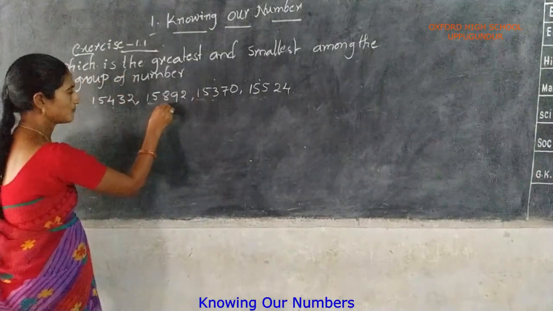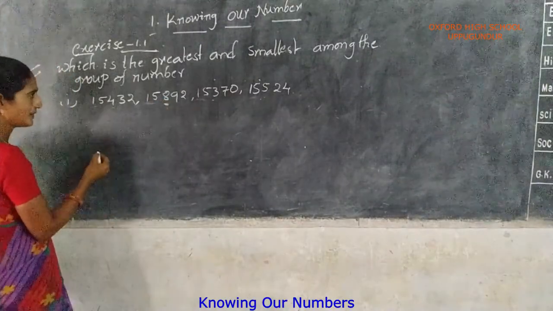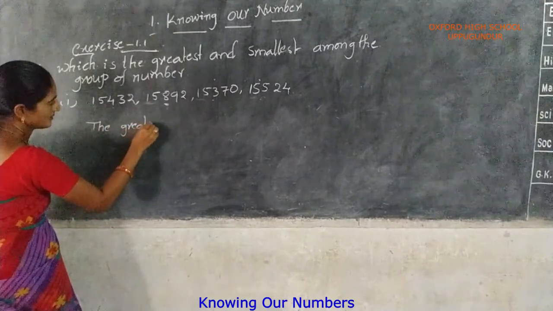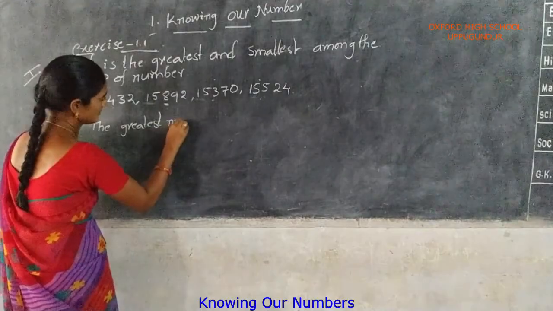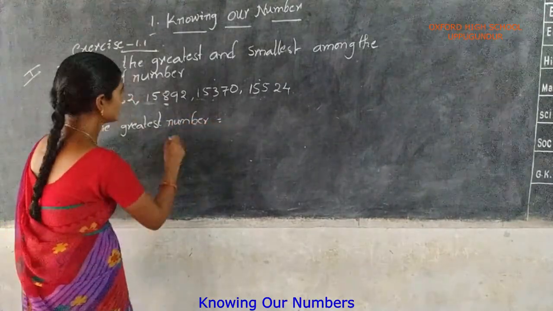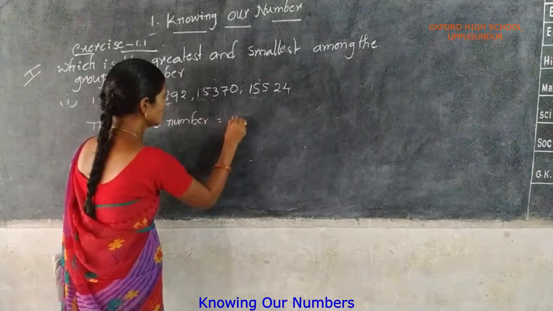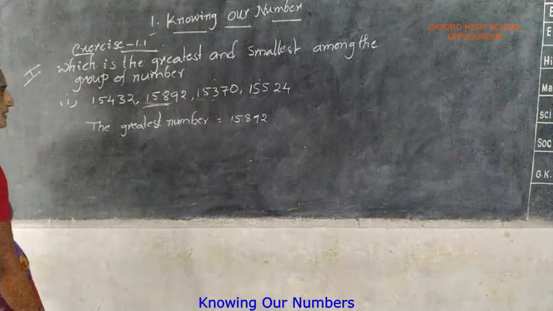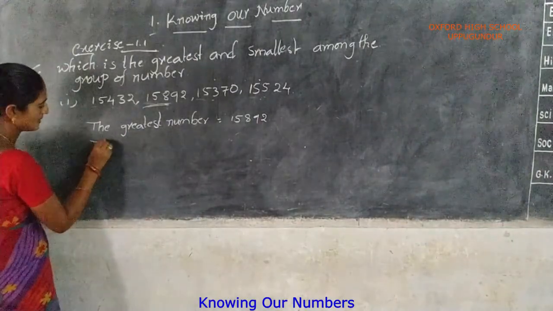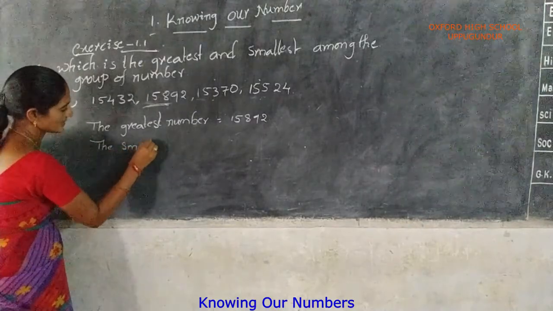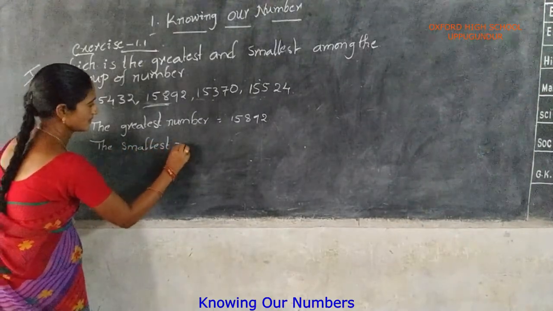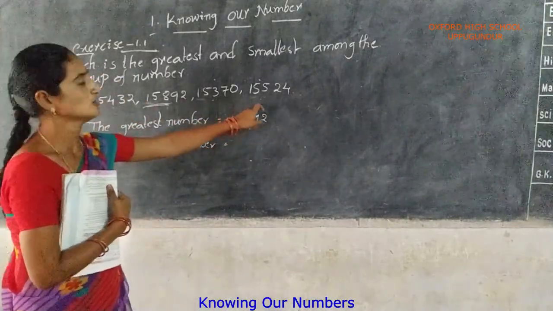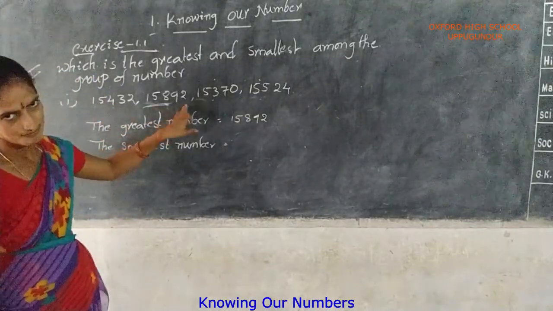The hundreds place is 8, so the greatest number is 15,892. And the smallest number: the 10,000s place is the same but the hundreds place is different.